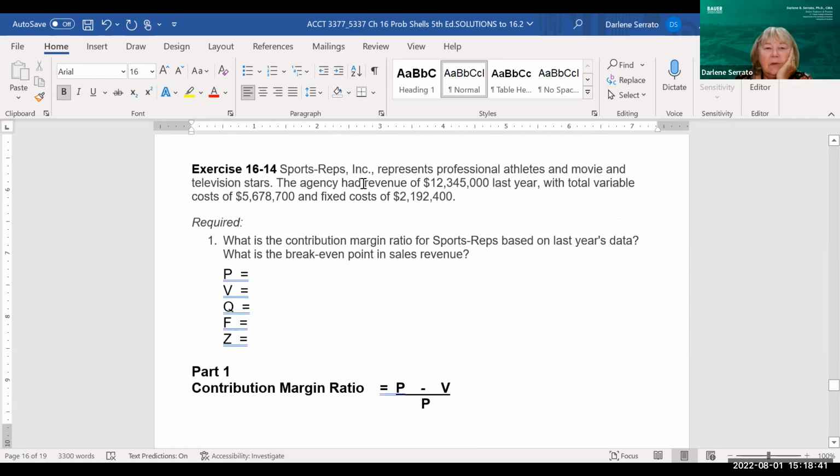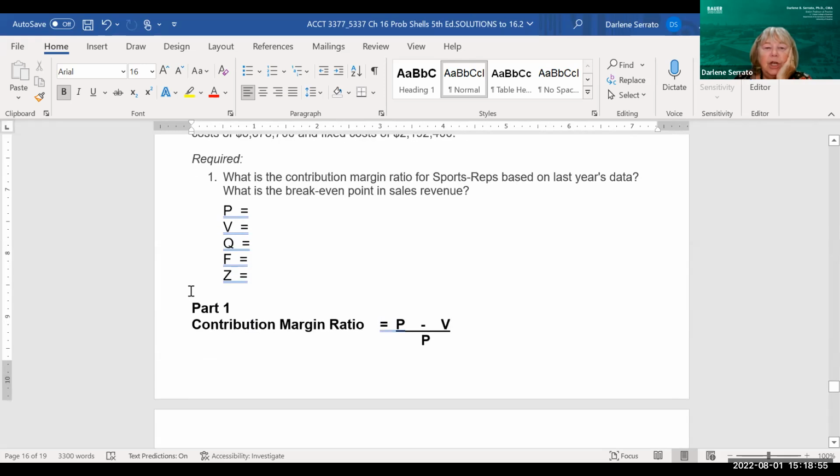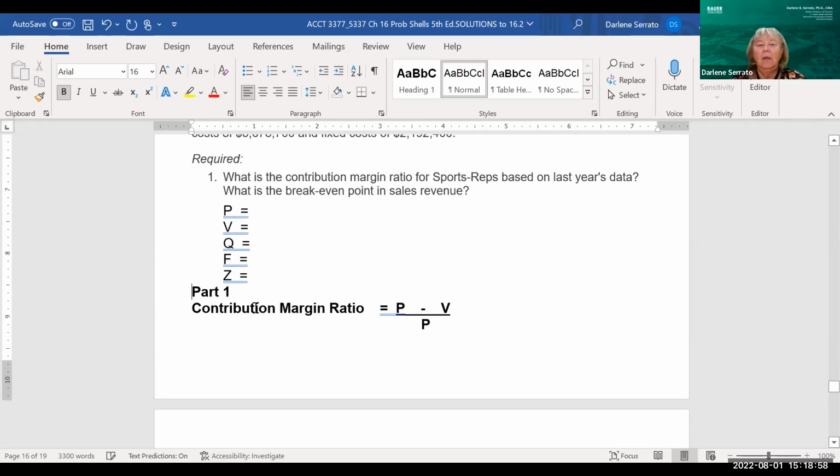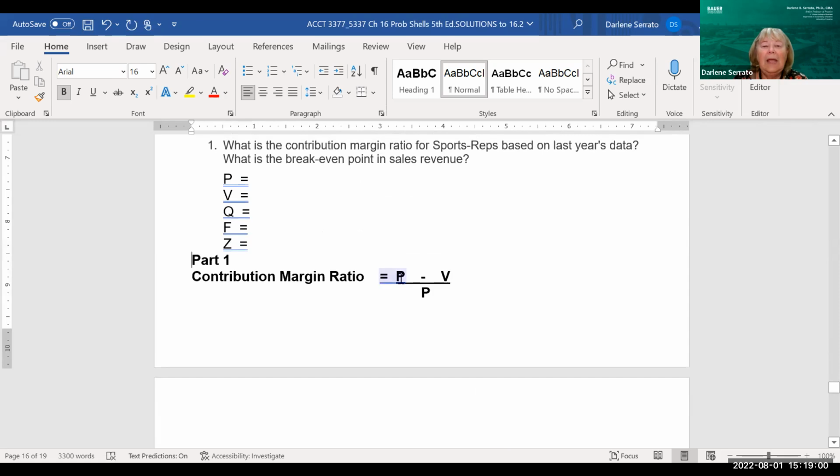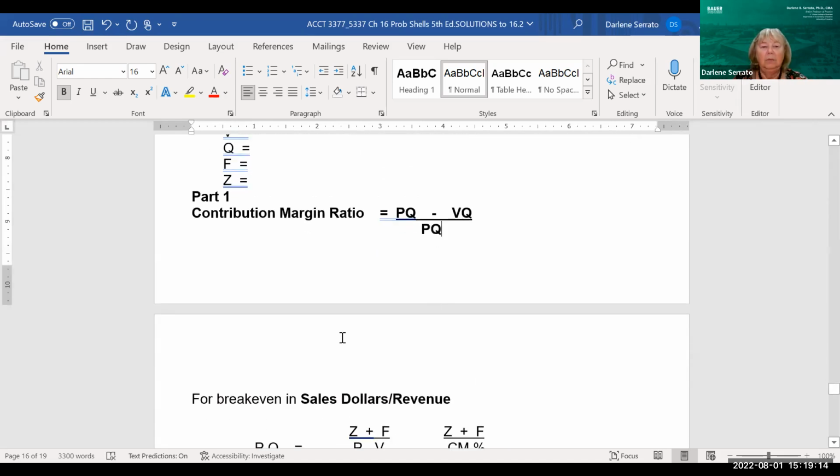Sports reps had revenue of 12,345,000, variable cost of 5,678,000, and fixed cost. What is the contribution margin ratio? Okay, on this one, we had to use dollars. So PQ minus VQ divided by PQ.